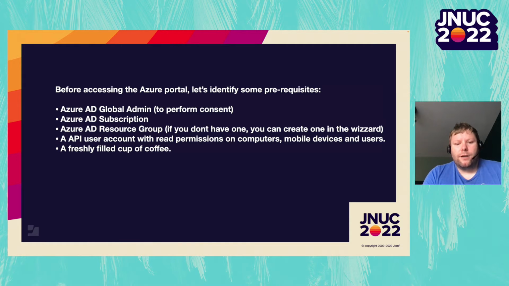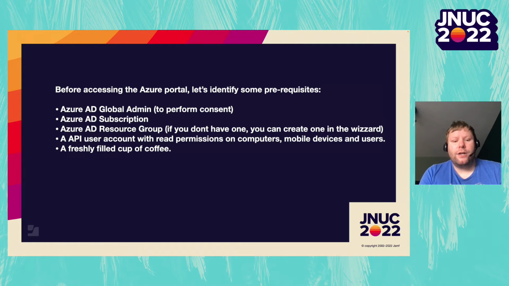Now, before we get started with the technical bits and bobs, there are some prerequisites that we need before we can actually go ahead. We need an Azure Global Admin who needs to perform the consent. We need an Azure subscription. That can be a pay-as-you-go subscription, that's fine, but you need at least some form of Azure subscription because at the end of the day, it does cost money to run this solution.